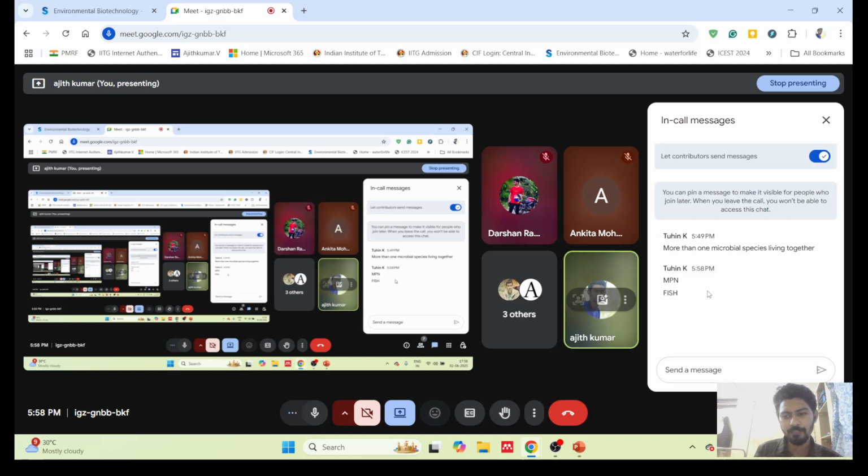MPN, fish, yes. So any basic technique? These are all advanced techniques. So how do we isolate a microorganism? Has anyone heard of isolating a microorganism using the serial dilution method?